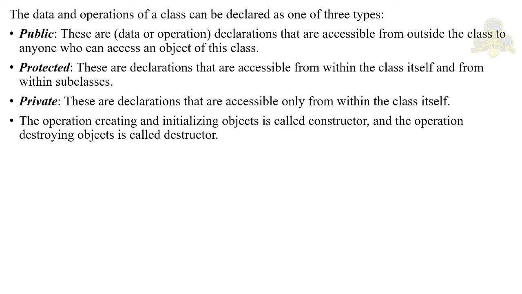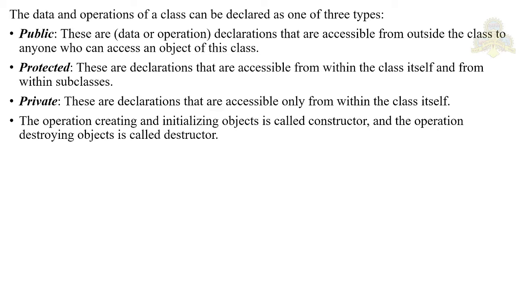The public members of a class can be accessed from anywhere in the program using the direct access operator, that is dot, with the object of that class. Getting it? By default the members would be private. So if you want to make it public, you have to put the public keyword in front of your method or member.